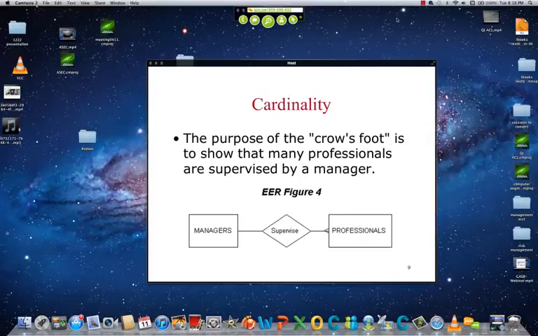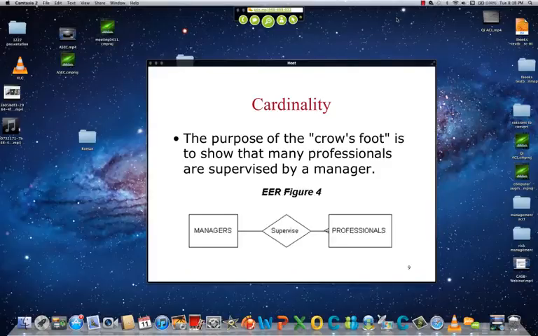So when you look at this EER diagram, you have managers and professionals, so managers supervise professionals, and you have this crow's foot here. This means that managers are in a relationship with professionals, and the relationship is one to many.